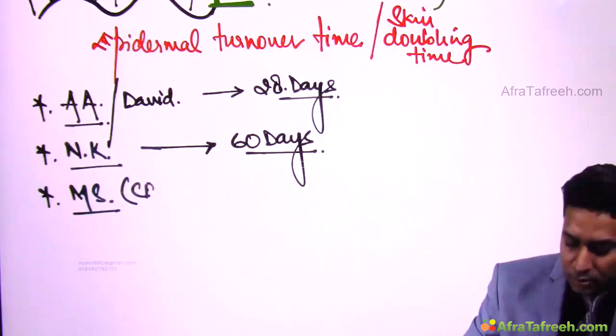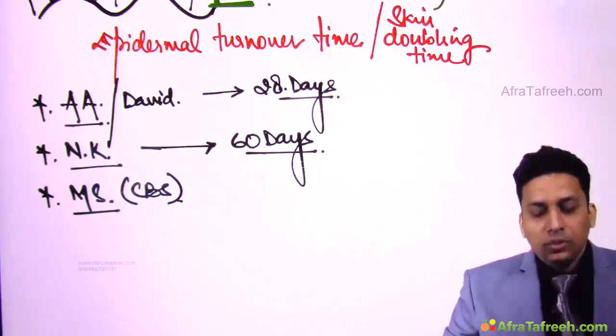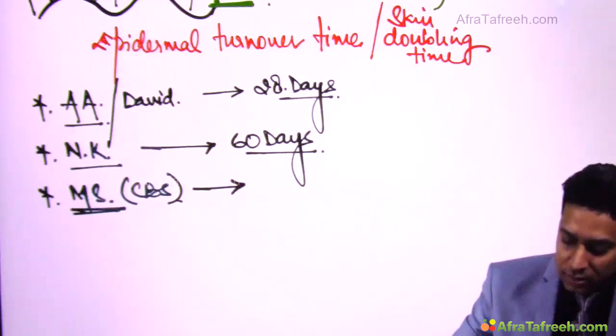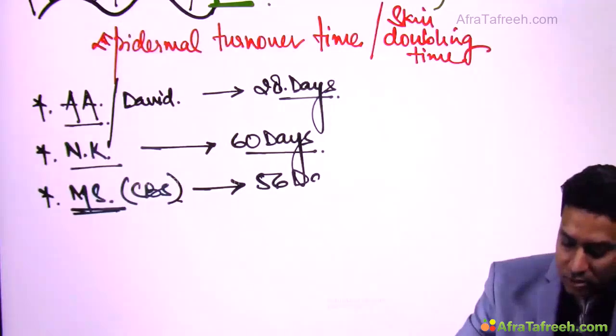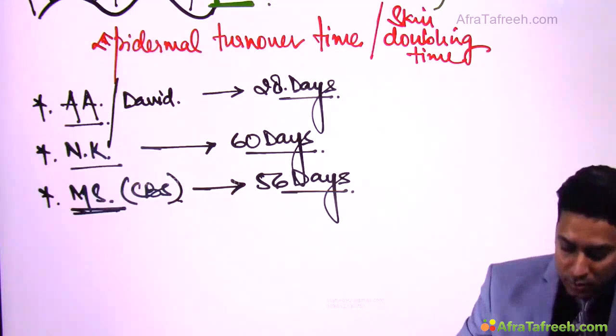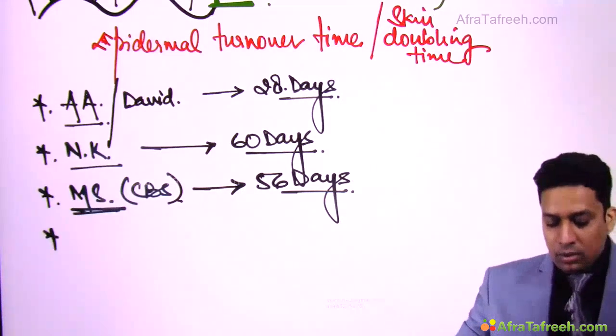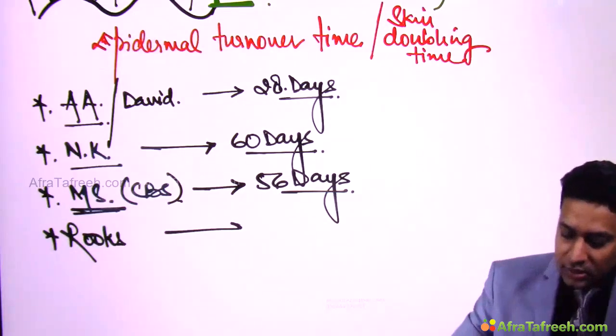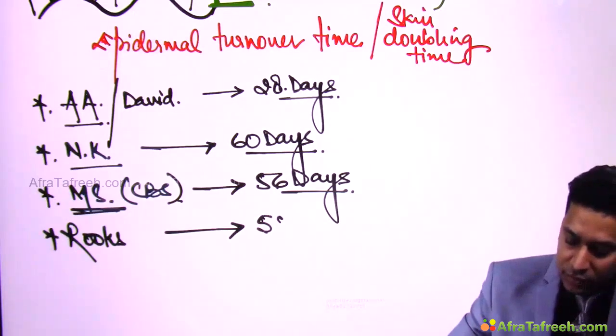In my book, the book by Manish Soni, CBS Publication, I have written 56 days, and here also I am telling 56 days. Now, if you read Rook's textbook of dermatology, there it is written that epidermal turnover time is 52 to 75 days.